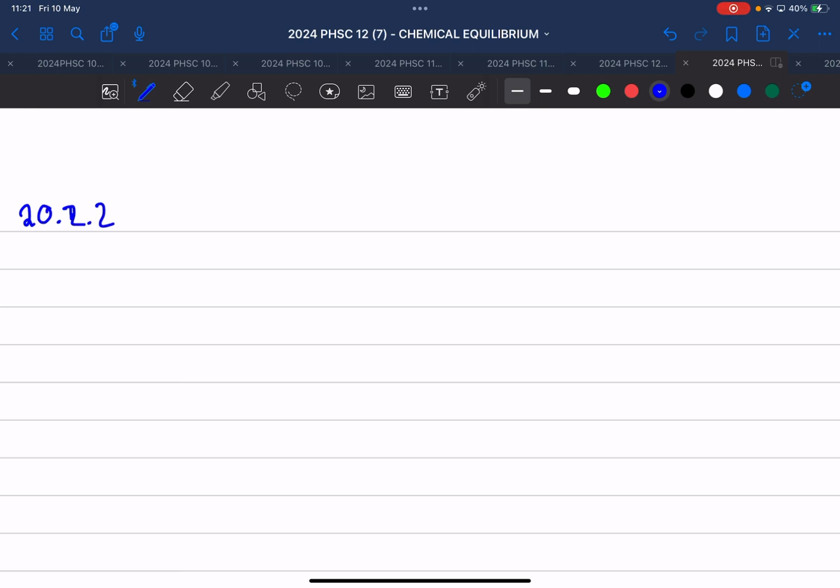20.2.2. Our Kc value will then be the concentration of the N2O4 divided by the concentration of NO2. But this equation is missing something. What is it missing? Hang on a second.